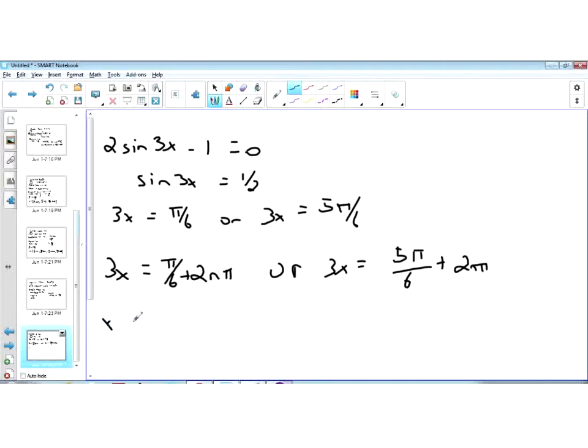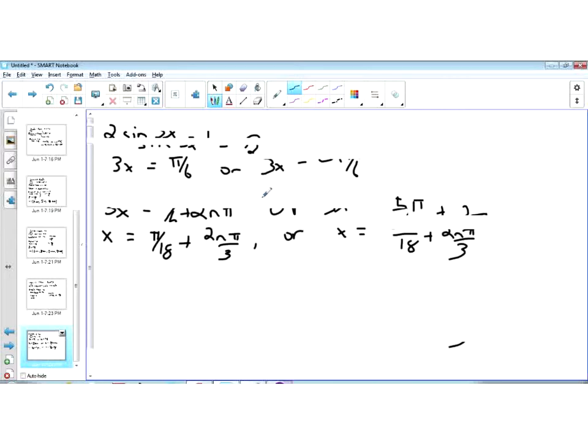Okay, so now dividing both sides by 3, of course, we'll have x is equal to pi over 18 plus 2/3 n pi, or x is equal to 5 pi over 18 plus 2/3 n pi.